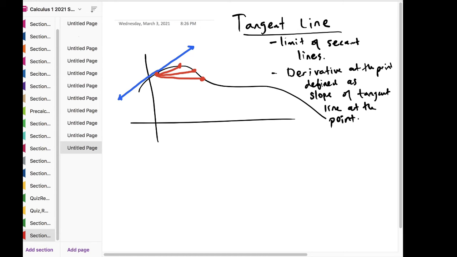That is the definition of the derivative. It's the geometric one. It's the slope of the tangent line.